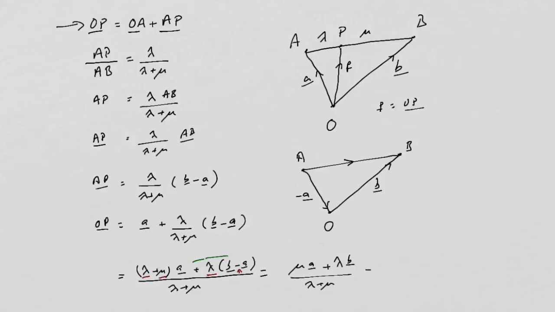And then we tend to want to have the lambda and mu in order because of the order of the ratio, so we would say lambda B plus mu A divided by lambda plus mu.